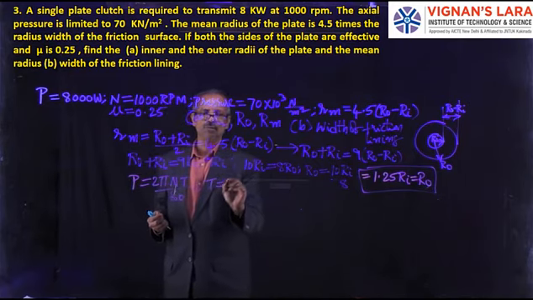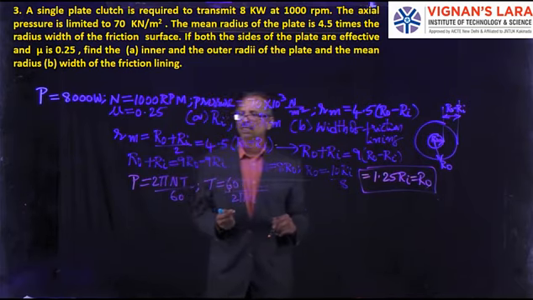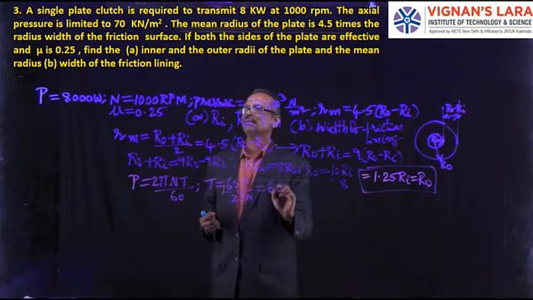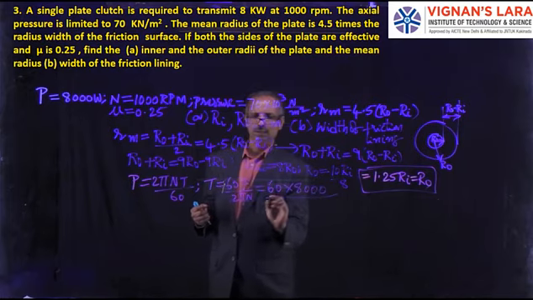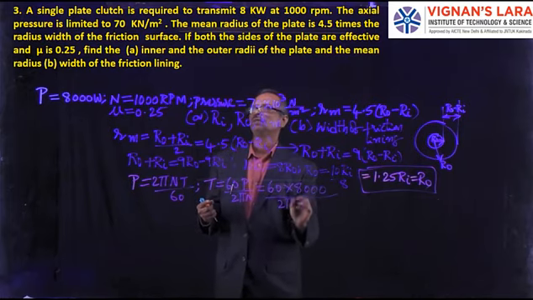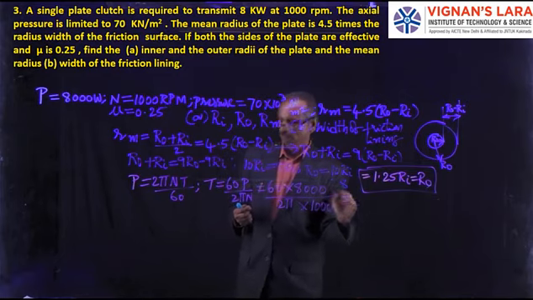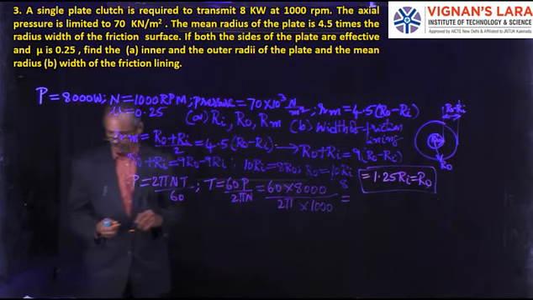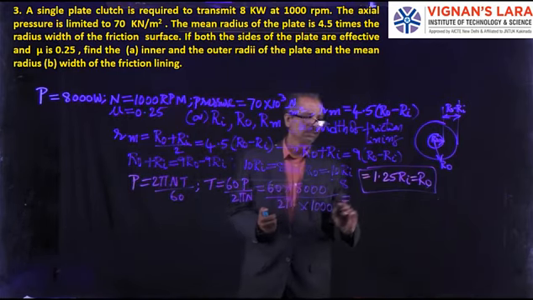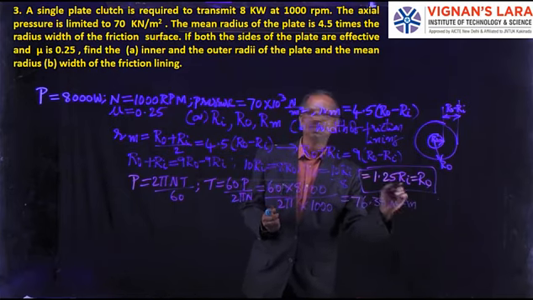Torque is equal to 60 P by 2 pi N. So 60 times 8,000 divided by 2 pi, then the speed is 1000. Then how much T do you get? T is equal to 76.39 Newton meter.